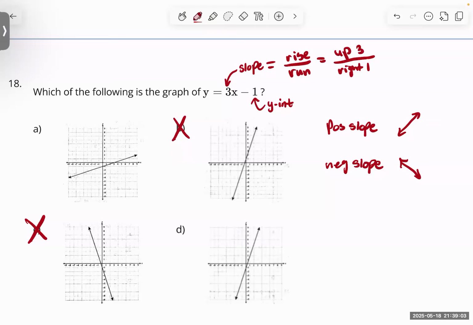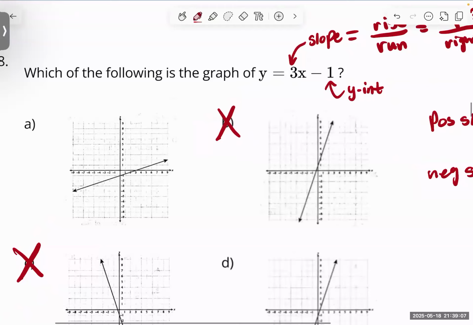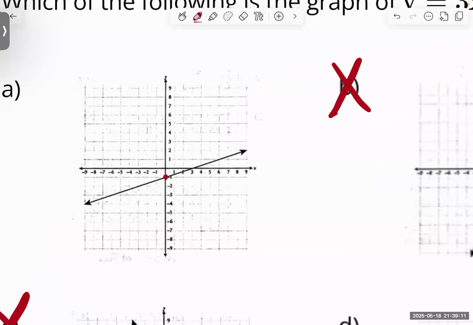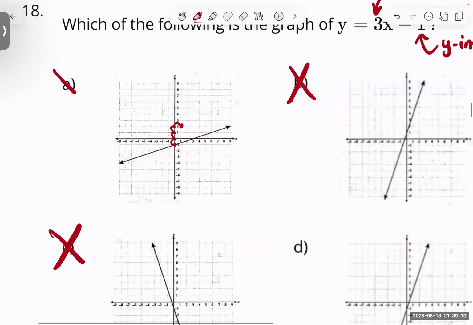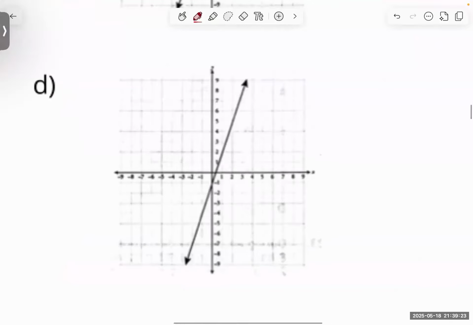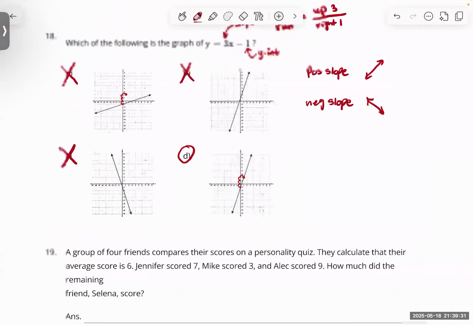So we start at our y-intercept, which is 1, and we need to go up 3 and to the right 1. 1, 2, 3, 1. Well, clearly the line is not there, so this is not correct. It should be D, but let's double check. Start here, 1, 2, 3, 1. It does match, it's on the line. Our answer is D.